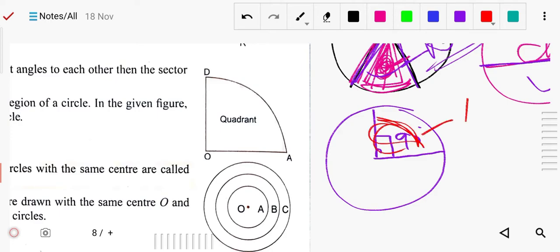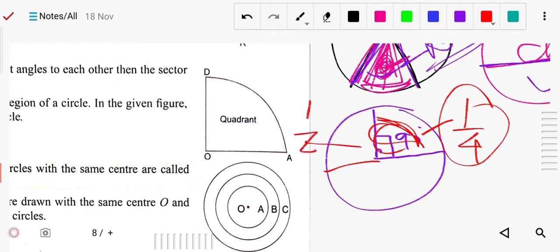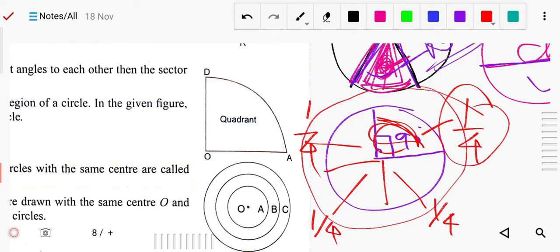Quadrant means one-fourth. Here will again be one-fourth, and here again one-fourth, and completely it is a whole one. So this one portion is called the quadrant, and because it is formed by two radii, that's why we call it a sector.